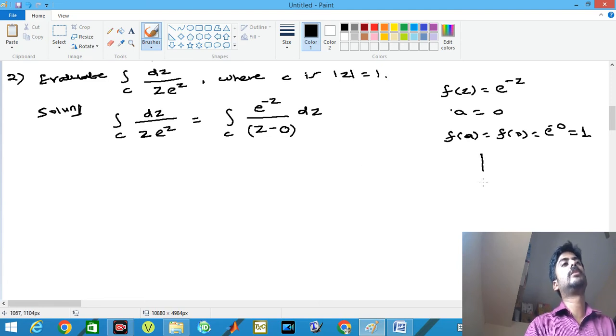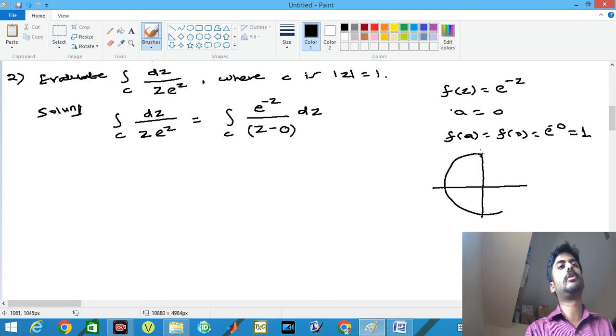It is not necessary to write x square plus y square all the time. By experience we can easily know that modulus of z equal to 1 has center 0, 0 and radius 1, so the circle will come up to minus 1 and 1 on the x axis and y axis.